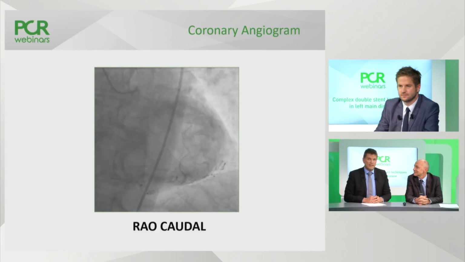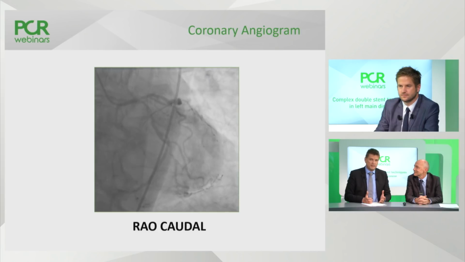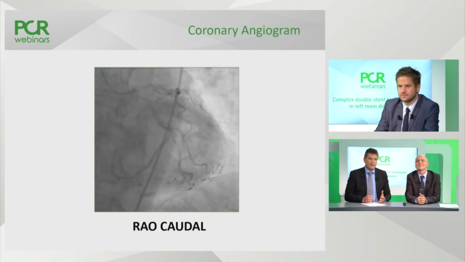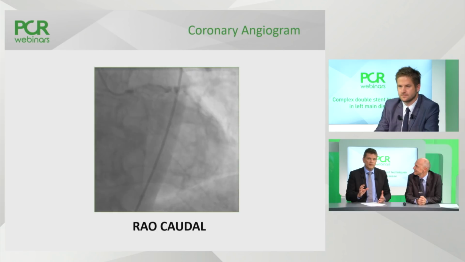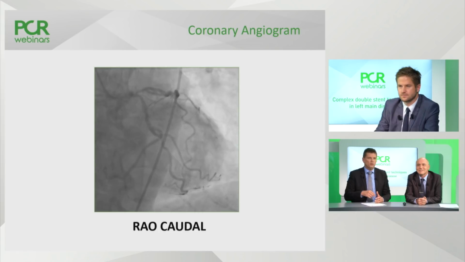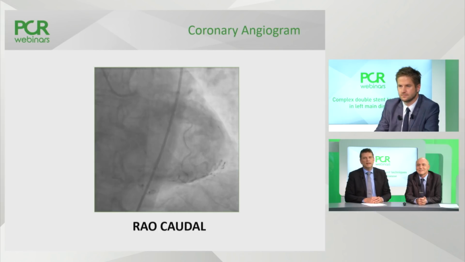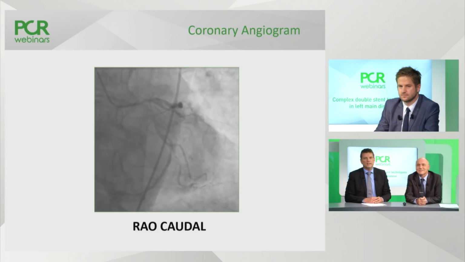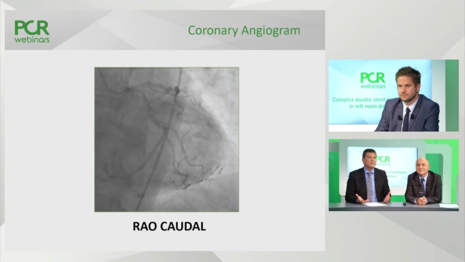I could do two different things. I could plan for an upfront strategy, saying we have the diffuse disease in the circumflex, upfront 2 stents. Still, I would go first in the so-called main branch from left main to LAD, and then go to the circumflex, which would be a TAP technique, for example, or a kind of reverse T, or however you want to call it.